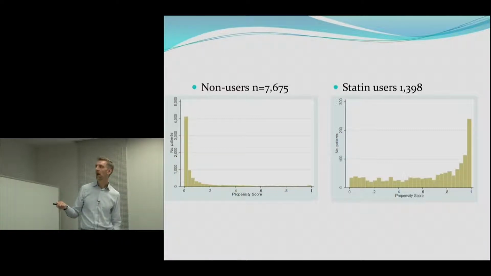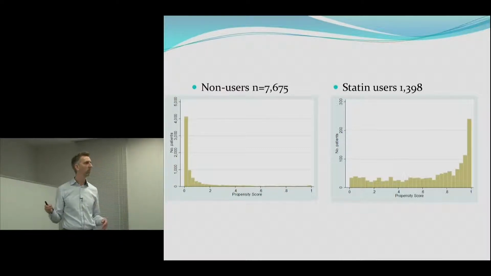Okay. Amongst the users, we were a bit surprised to see that not so much this peak towards 1, we'd expect that. These are people who you'd think should be taking statins. But there are quite a lot of people who are at the lower end of the score.